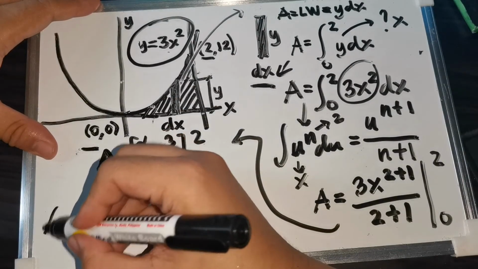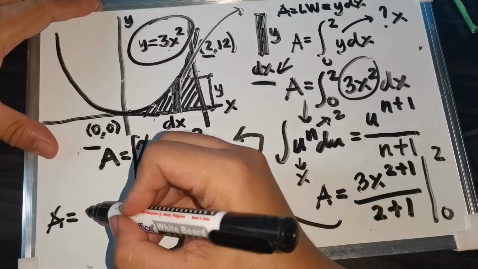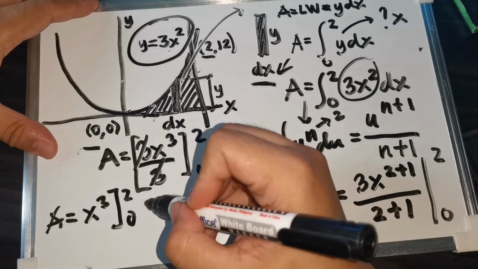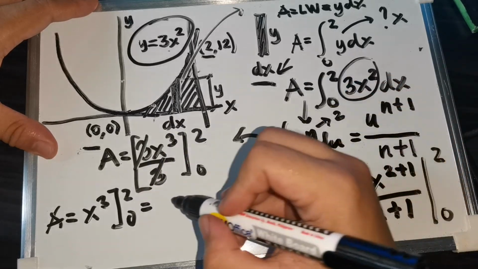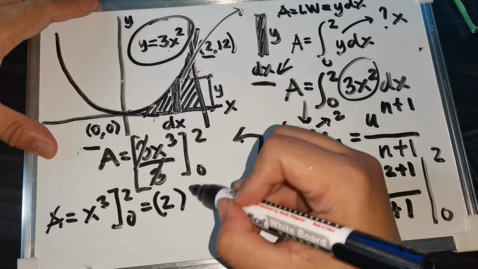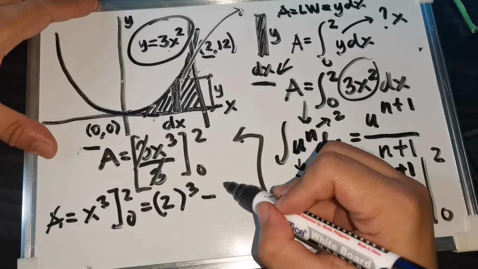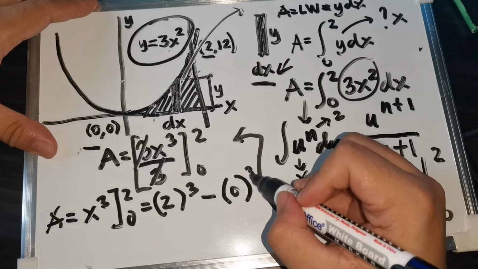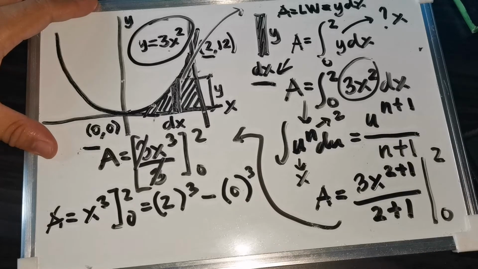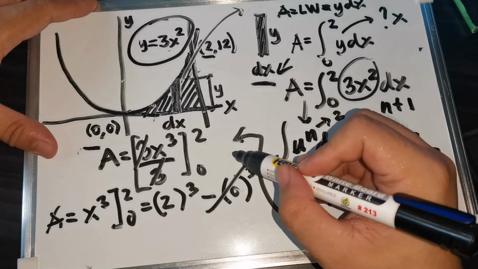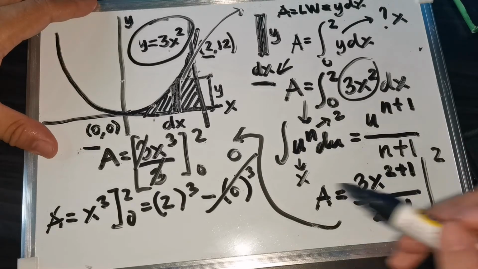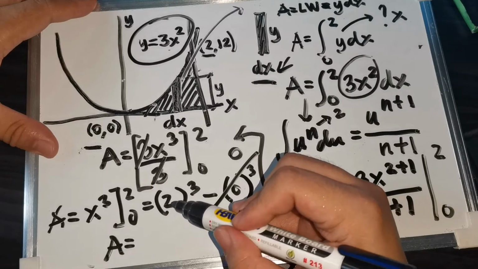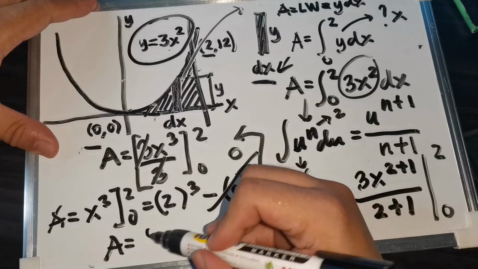So your area will be equal to x cubed, applying 0 to 2, or simply 2 cubed minus 0 cubed. This portion will be equal to 0 now, so the remaining value for this area is 2 times 2 times 2. So that will be 8.